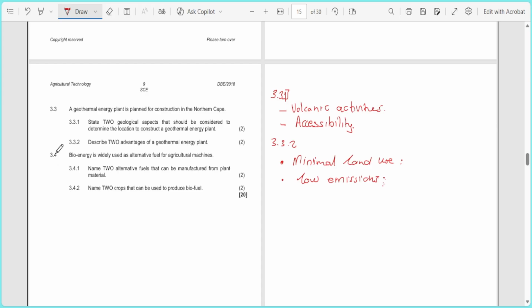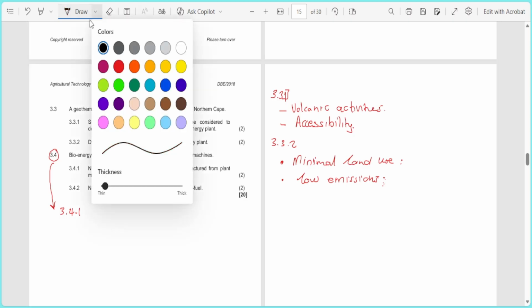Right now, for the last question, 3.4, let's start with 3.4.1. Bioenergy is widely used as an alternative fuel for agricultural machines. Name two alternative fuels that can be manufactured from plant material. Okay, I'm not sure if I understand the question, because it feels like it is the same as the next one, but let's use that.